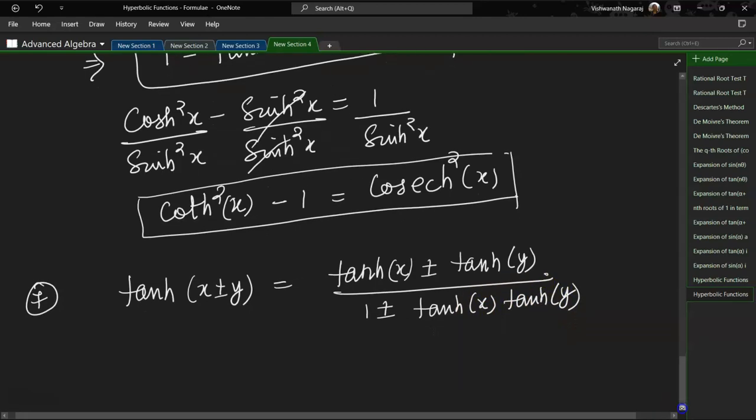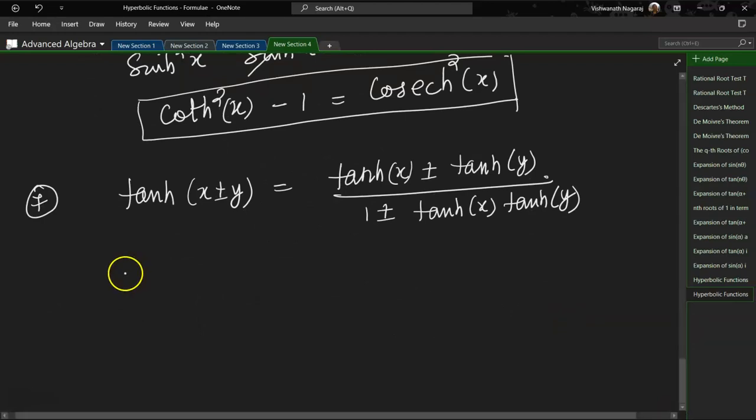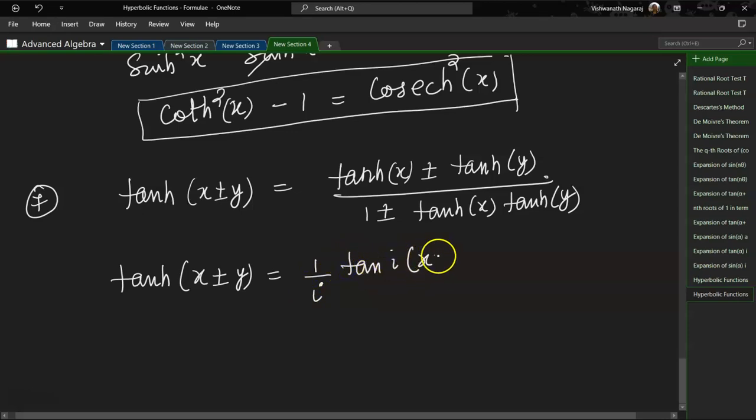Okay, let's see how we can prove this. Let's take the left hand side. So we have tan h of x plus or minus y. This can be written as, remember the conversion, 1 by i times tan i times x plus or minus y. Have a look at the previous session, you will see this.